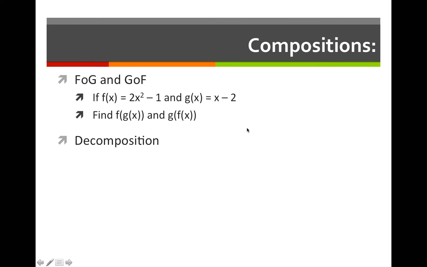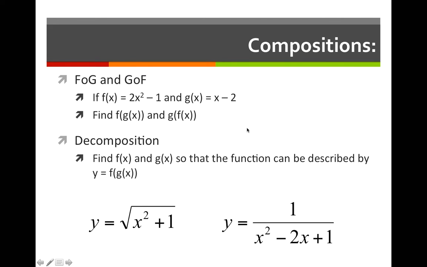So I can decompose a single function into two separate functions that would look like a composition. In my first example here, the one on the left, y equals the square root of x squared plus 1, I can say if I wanted y to be f of g of x, the outside function is the square root of x, and the inside function, or g of x, could be whatever's inside there.